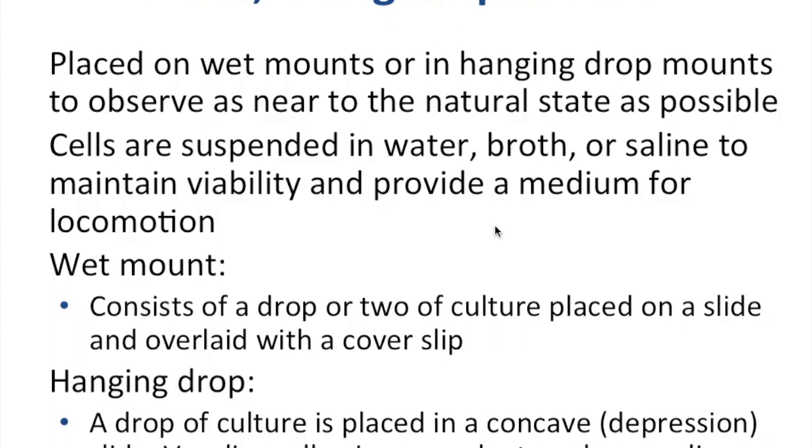For the living preparation, it's actually very simple. Since we have to keep the microorganisms alive, we don't do more treatments. Maybe we just use a drop of the culture media that contains the microorganism, and when we drop the media onto a slide, this is called a wet mount. Then we can observe the specimen with the microscope.